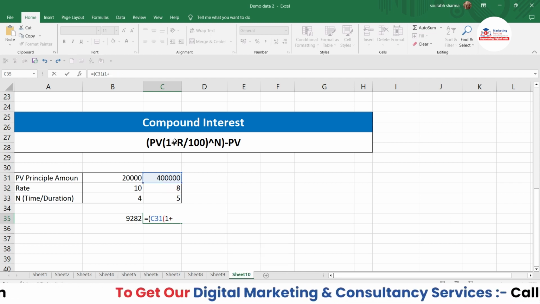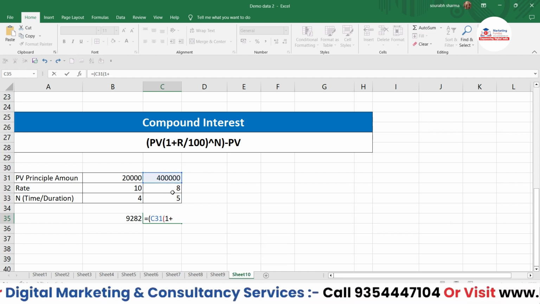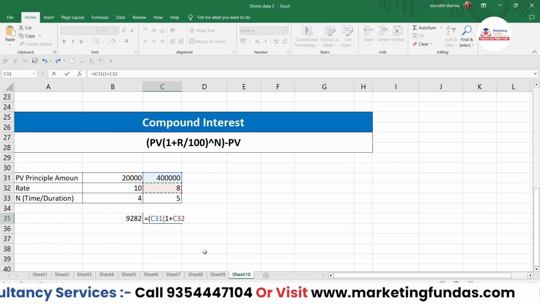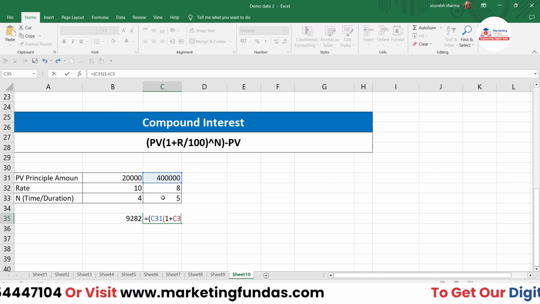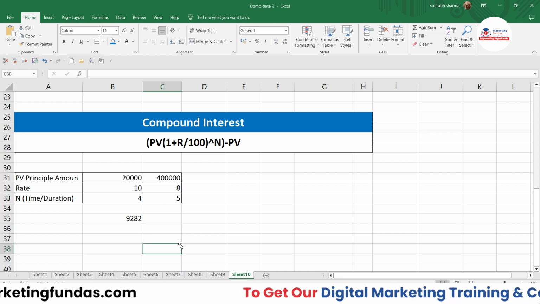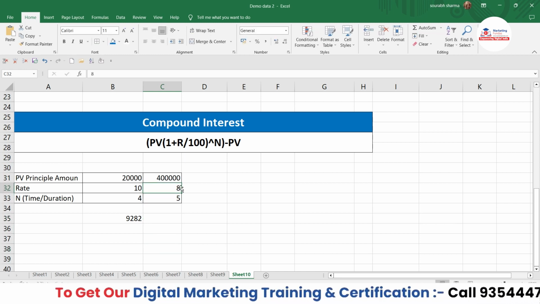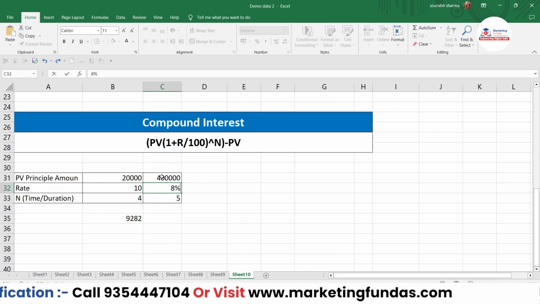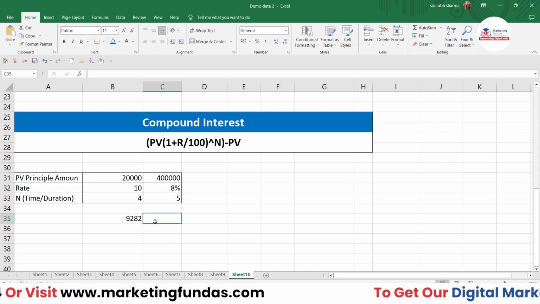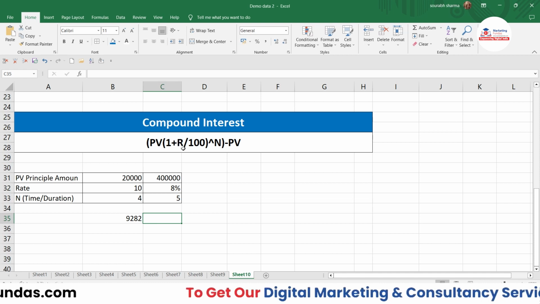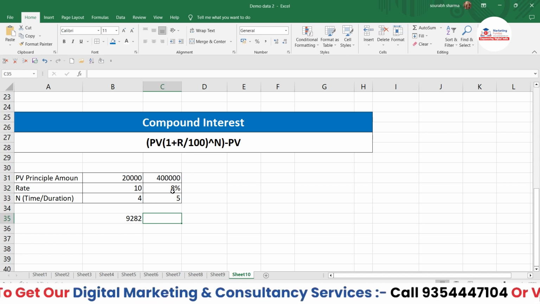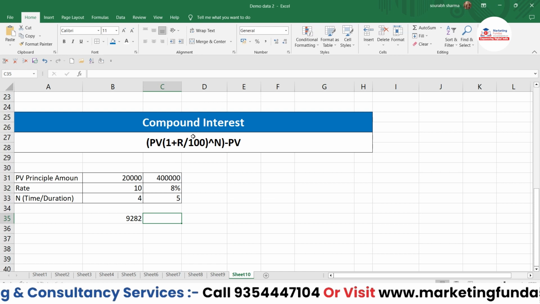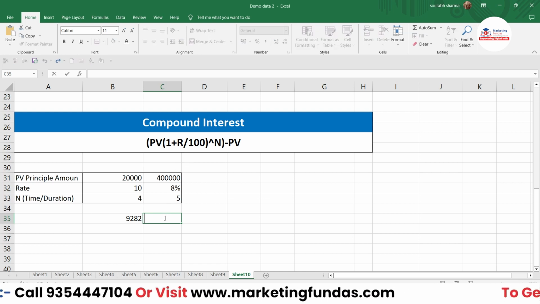If you don't want to apply rate of interest divided by 100, let me close this formula first, erase this formula. You can just write percentage here as I've shown you in simple interest as well, right? So that you don't have to apply divided by 100, you just have to apply the rate of interest only, then divided by 100 will be removed here, right?